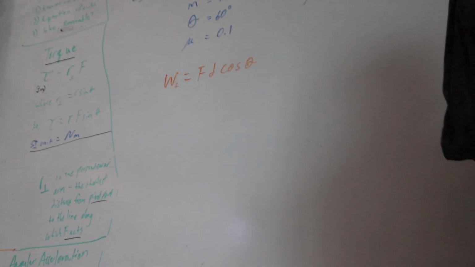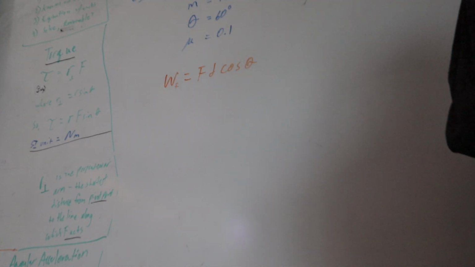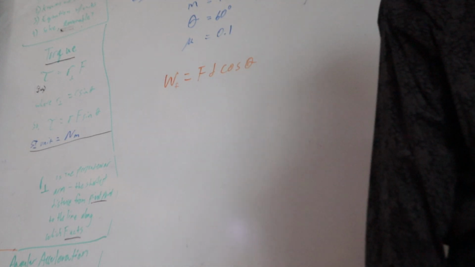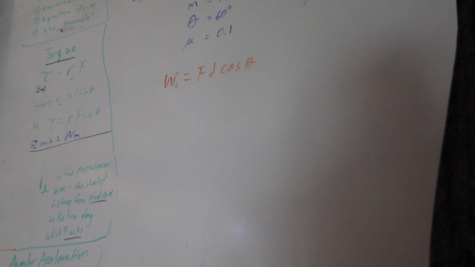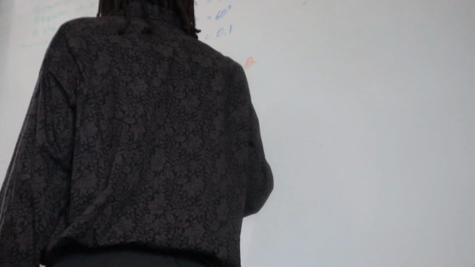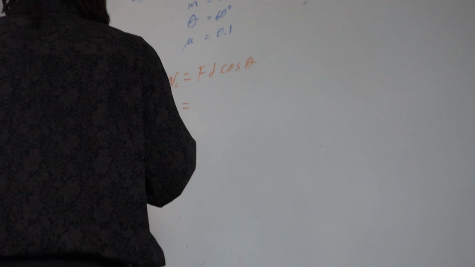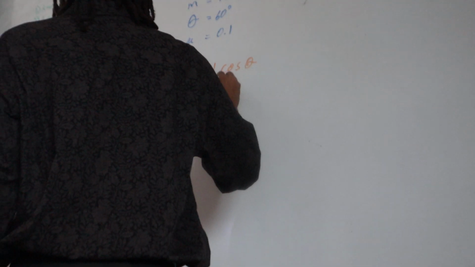Force of friction equals mu times n. So we got friction equals mu times n. So my force of friction is mu times n.